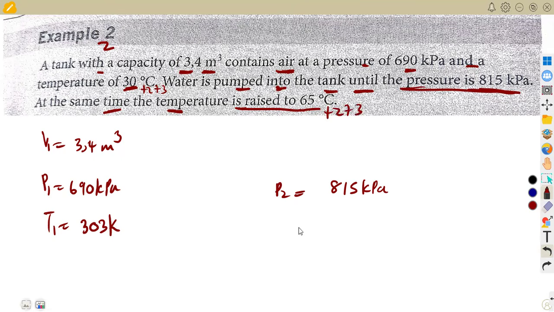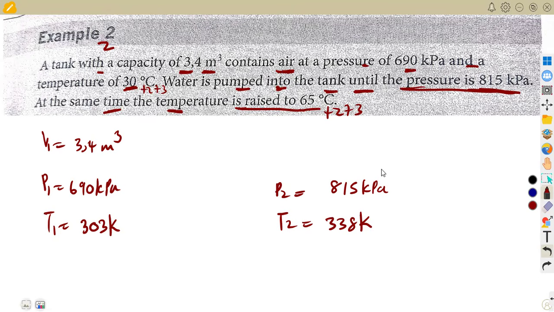If we add 273, it means our temperature is going to be 338 Kelvin. So that is the case. So the question is, a tank with a capacity contains this at a pressure, water is pumped until the pressure is raised, at the same time the temperature is raised. That is what we have.